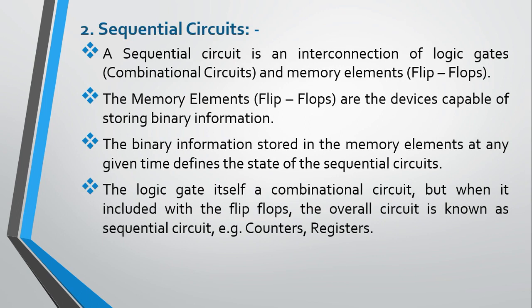So when you want to use counters or registers, at that time you need to use the sequential circuit concept. The sequential circuit concept is nothing but a combination of a combinational circuit as well as a set of memory elements. Memory elements means what?